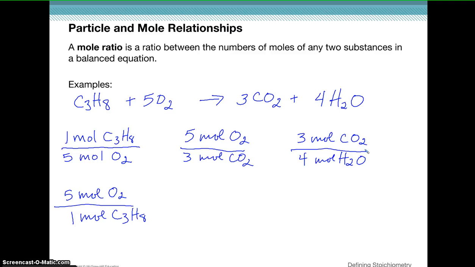You'll have to decide based on what you're given and what you're trying to find. But you have to have that balanced equation, because the coefficients are the number of moles of each thing. If you don't have the right reaction and you don't have it balanced correctly, then your mole ratios are going to be incorrect. So again, you have to be able to write that correctly balanced equation.